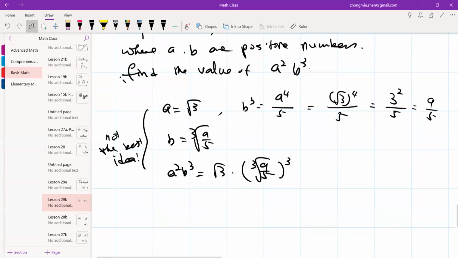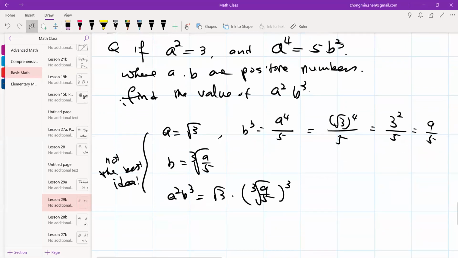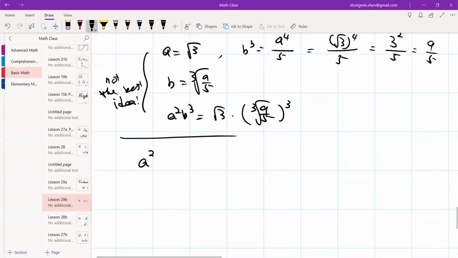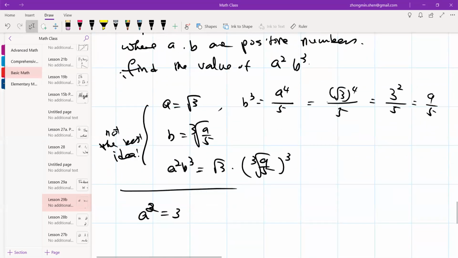What I want to show you is that you can bypass finding the values of A and B. So you go back to the problem. A squared equals 3, right? And then what we get here is A to the 4th power equals 5b cubed.